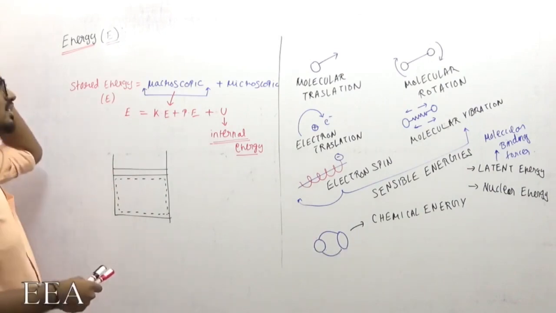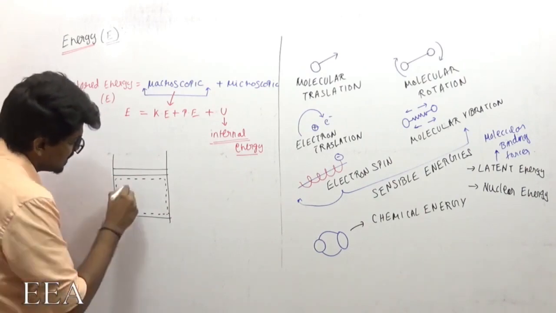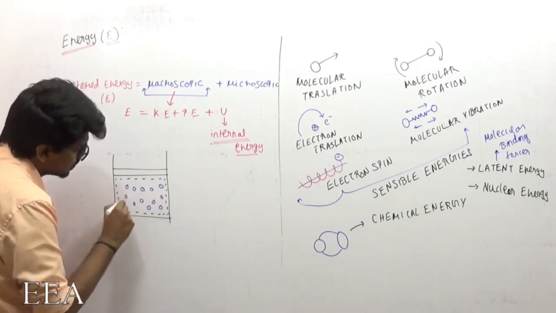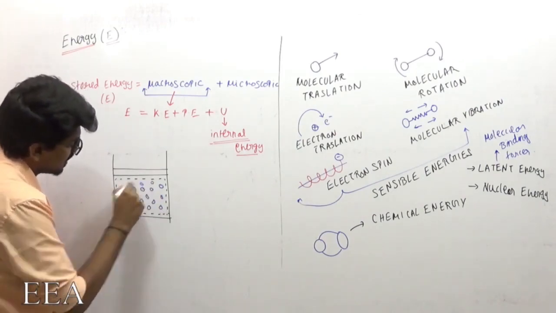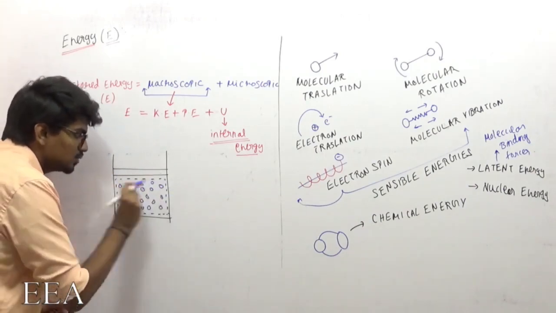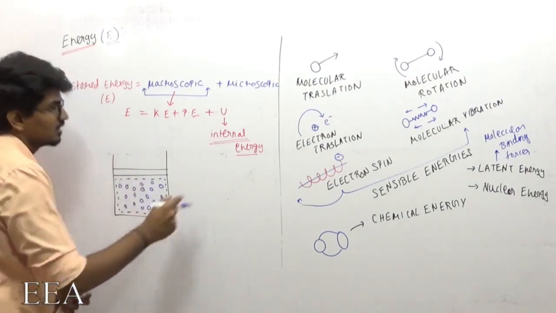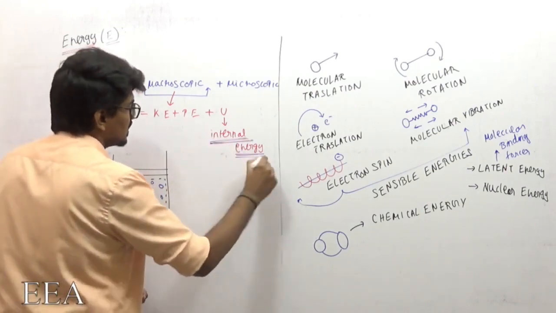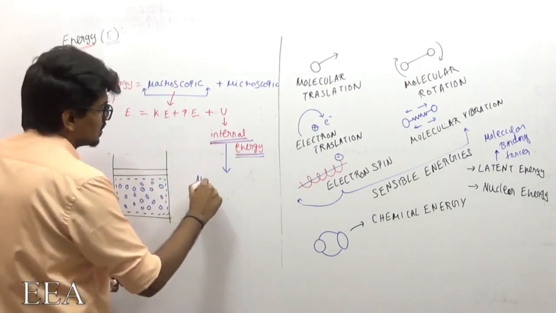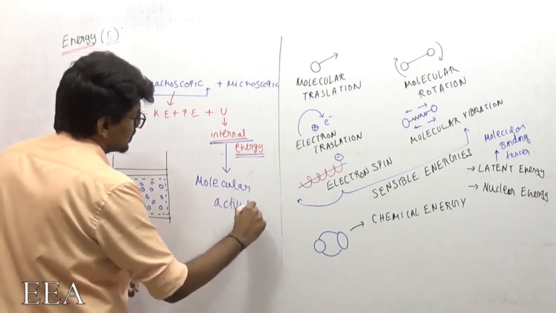But for internal energy, there will be n number of molecules in the system if you see it microscopically. The energy possessed due to the motion of those molecules is going to be internal energy. To be precise, internal energy completely depends on the degree of molecular activity.